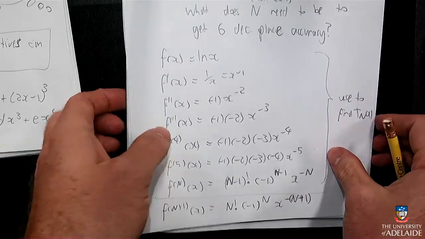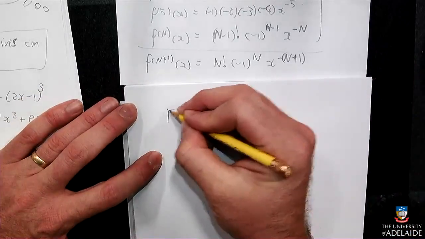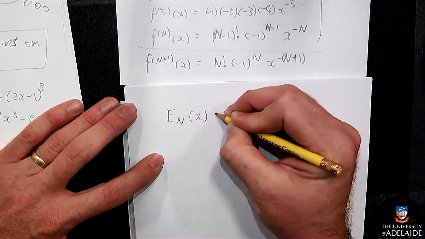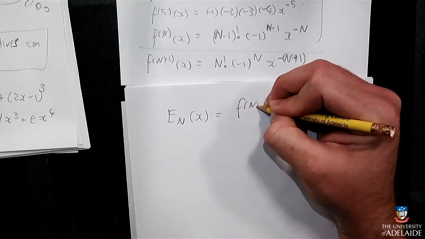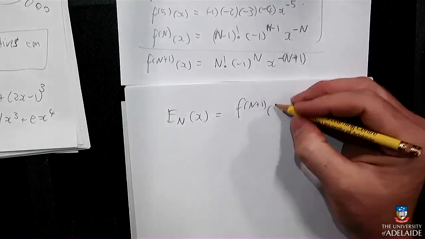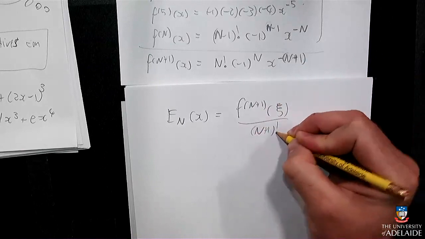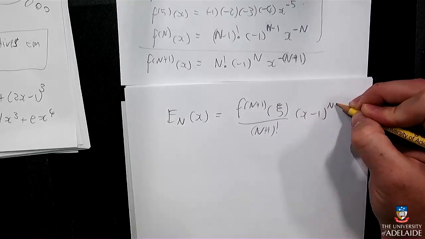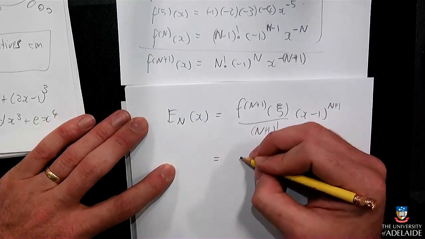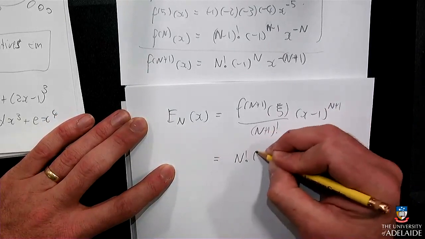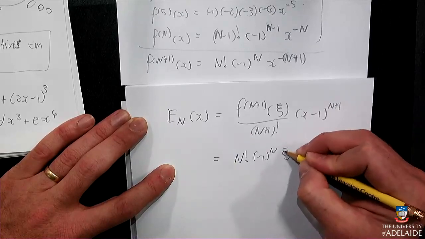So my error in the nth Taylor polynomial will be the (n plus 1)th derivative evaluated at some unknown number psi divided by n plus 1 factorial times x minus 1 to the n plus 1. And this was n factorial times minus 1 to the n, with psi.